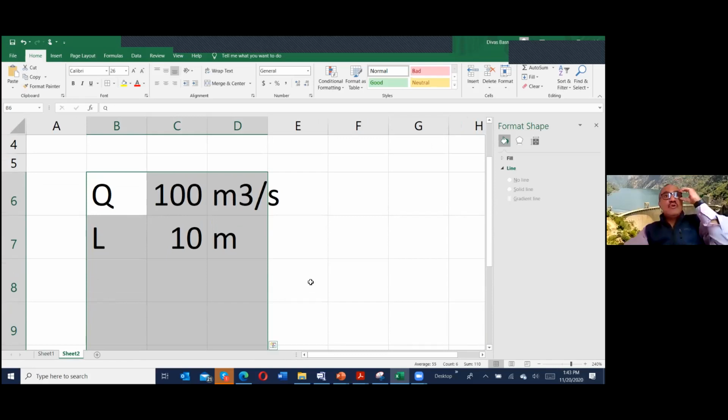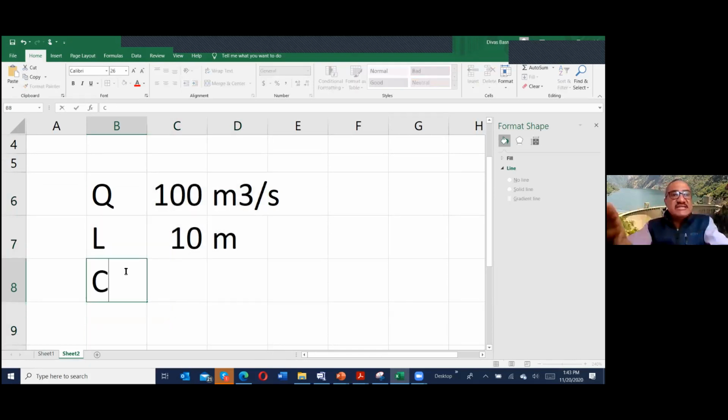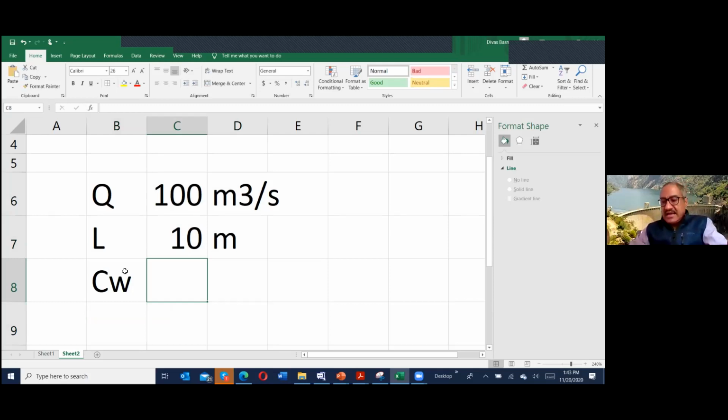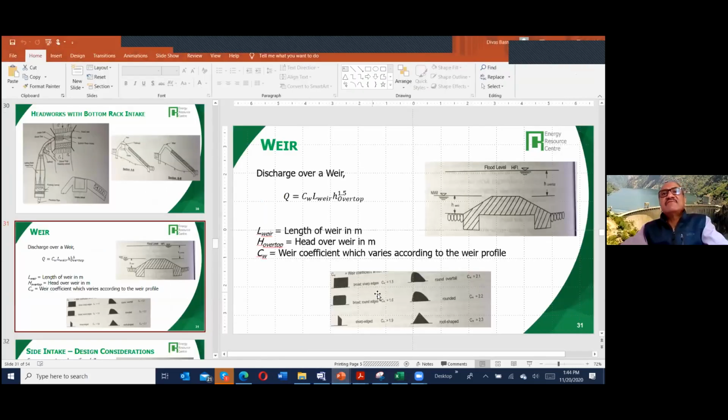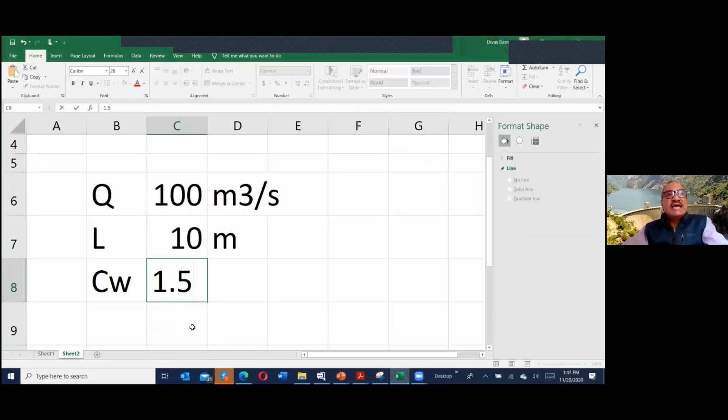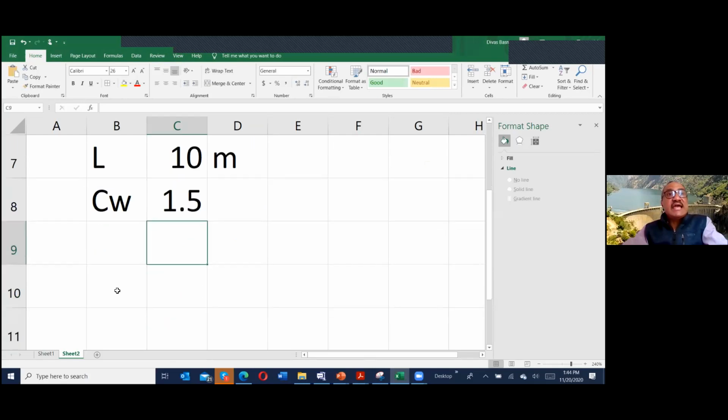Okay, so you have a river cross section which is 10 meter. You want to pass a discharge of 100 cubic meter per second, and your CW is 1.5, because 1.5 is for a broad crested weir. So based on that, what will be the H?